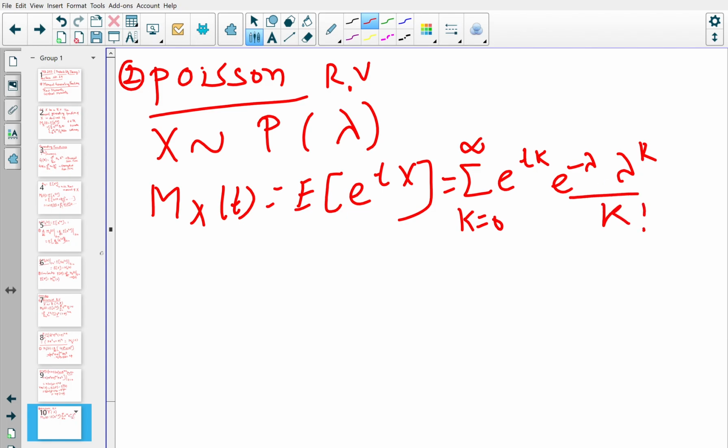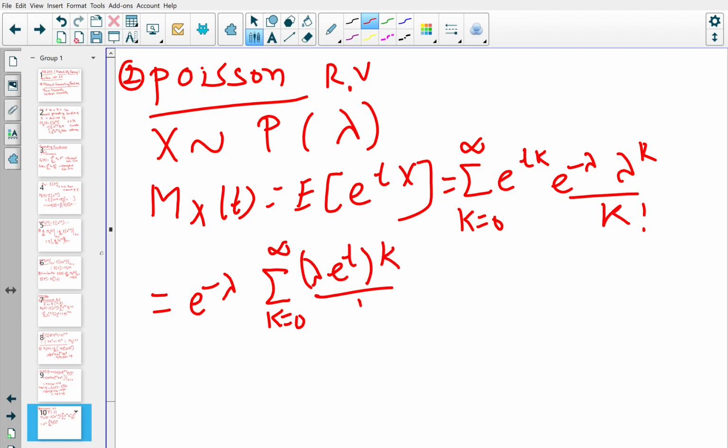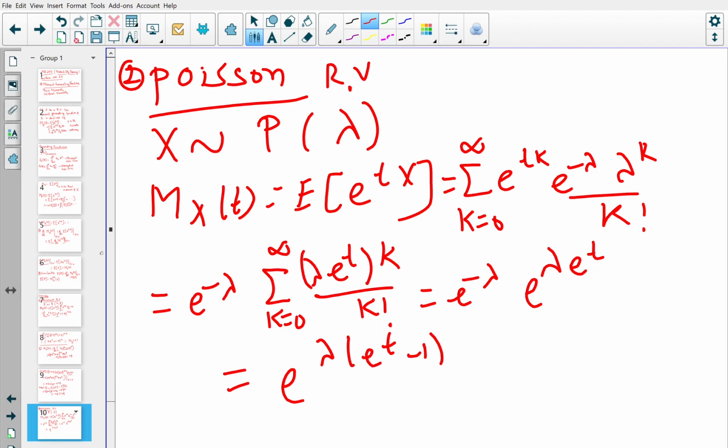Now e power minus lambda is independent of k, so it comes outside, and the sum you can write as e power t into lambda whole power k by factorial k. Now we see that this is again an exponential sum, and the sum is e power lambda e power t, and then finally you will have e power lambda times e power t minus 1. So this is the answer.